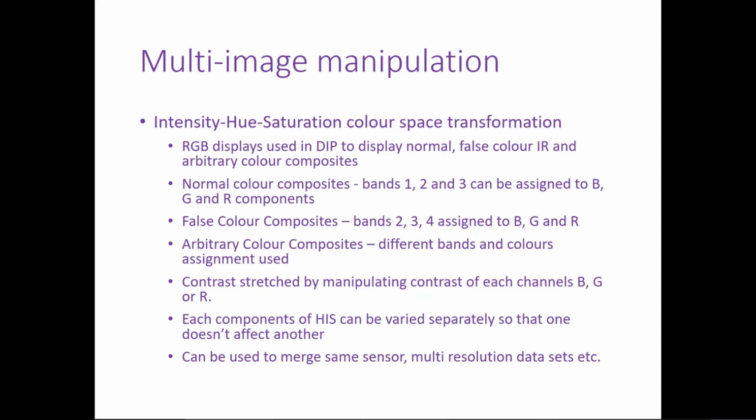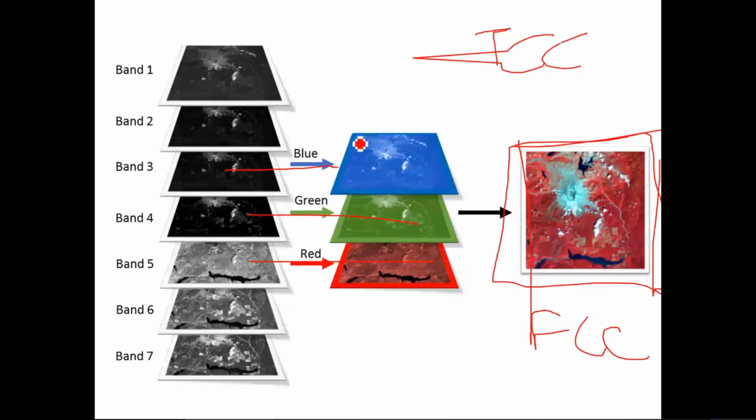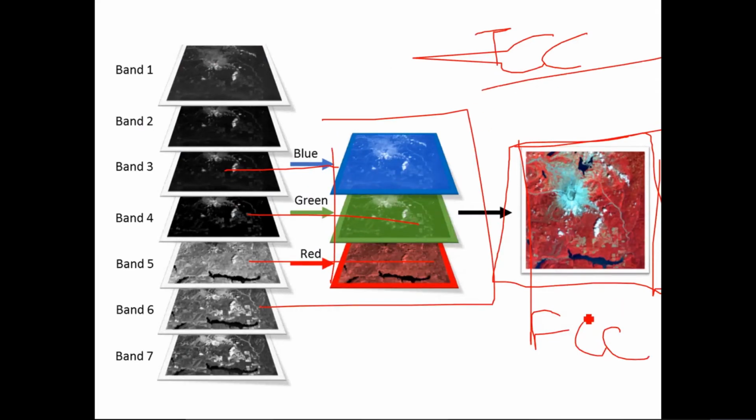And in these channels, the components like intensity, hue and saturation can be varied separately so that one of these components doesn't affect another. So this method can be used to merge data. As you can see here, you can assign these colors to different bandwidths to merge these data and observe them in a true color composite or a false color composite. Is that clear?